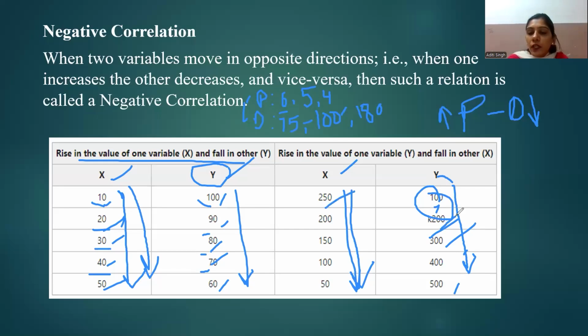As the value of variable y increases from 100 to 200, the value of variable x decreases from 250 to 200. Again, when the value of y increases from 200 to 300, the value of variable x decreases from 200 to 150. Similarly, the process goes on. As the value of variable y is increasing, the value of variable x is decreasing. So this type of variable relationship is said to be negative correlation.